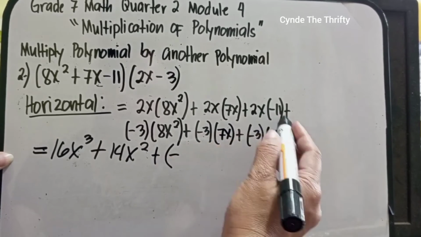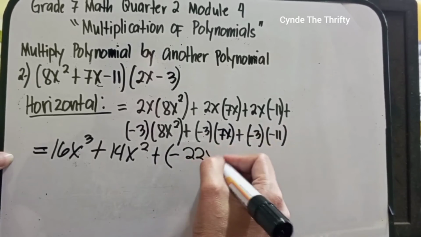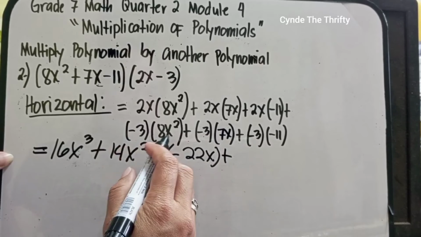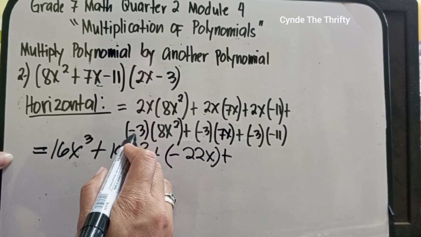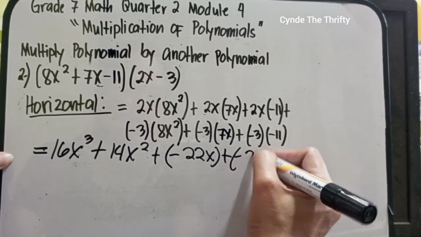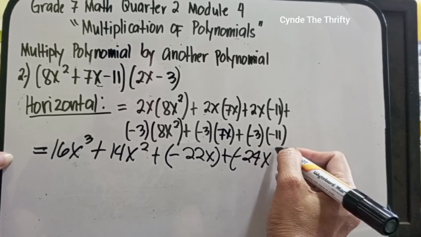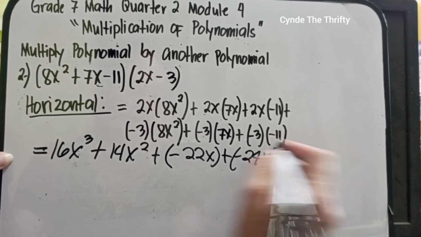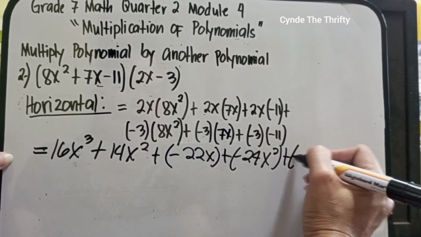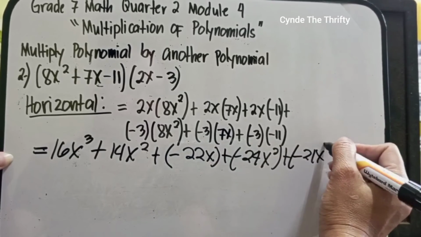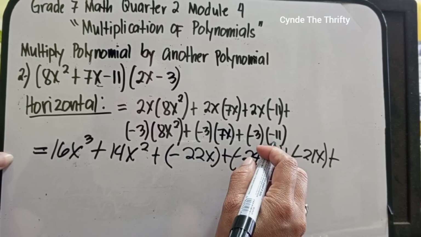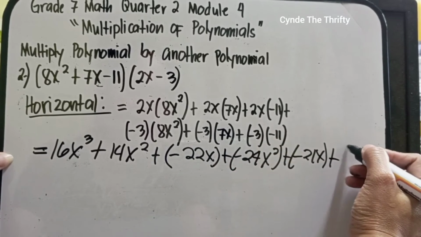And then 2 times 11 is equal to 22x plus negative 3 times 8x squared. So, negative 3 times 8 is equal to negative 24x squared plus negative 3 times 7x is equal to negative 21x plus negative 3 times negative 11 is equal to positive 33.